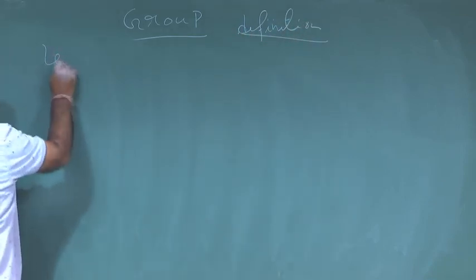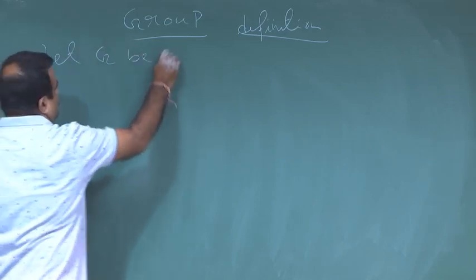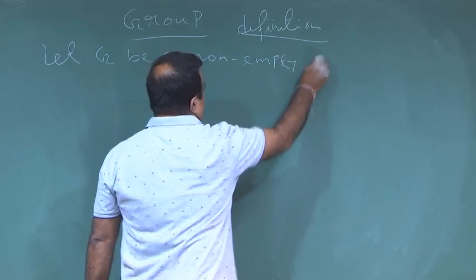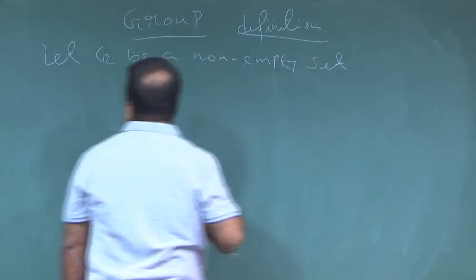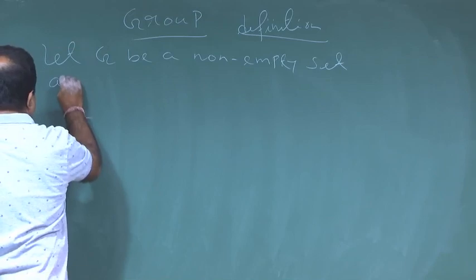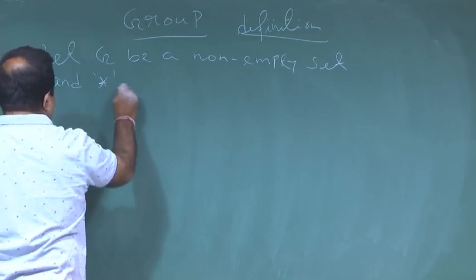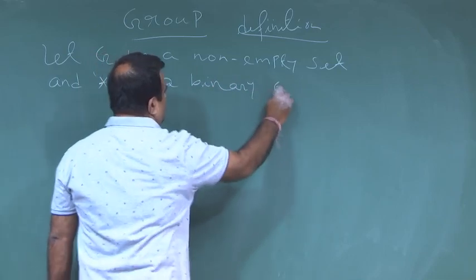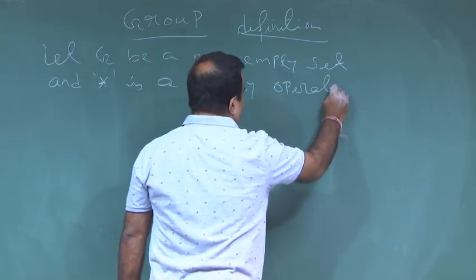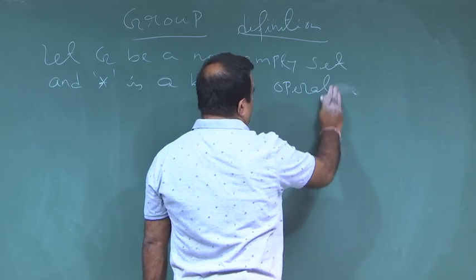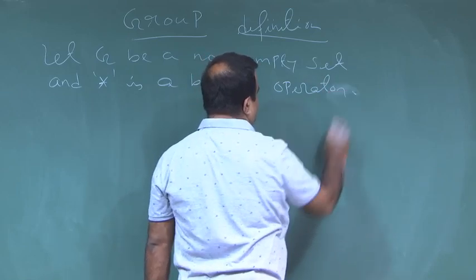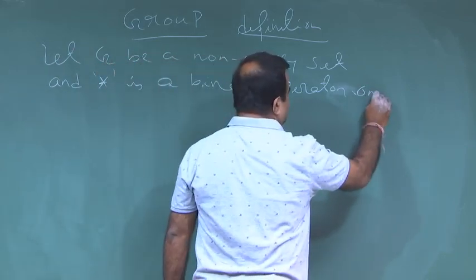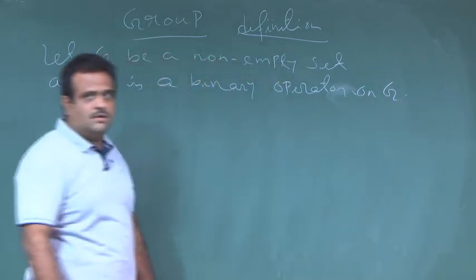So, let G be a non-empty set and star a binary operator on G, need not be closed.